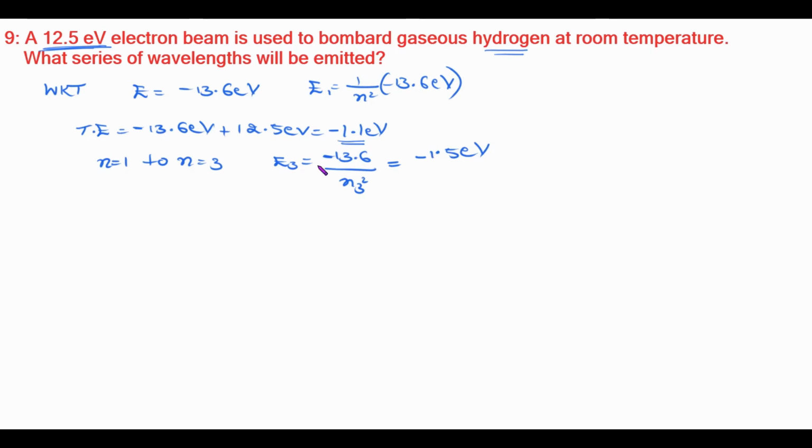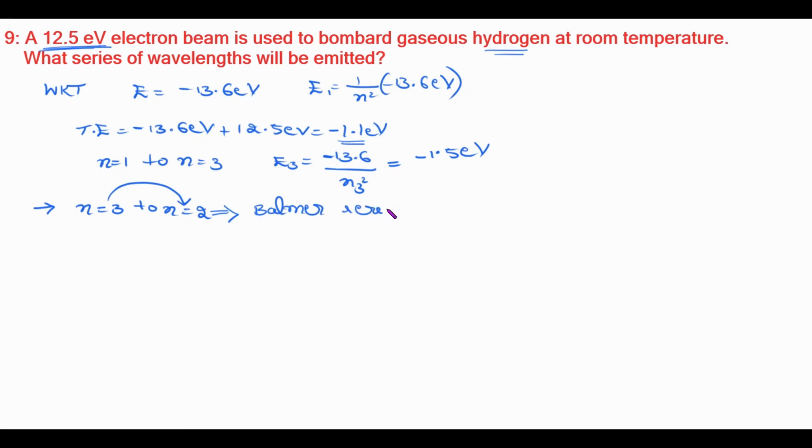All right. So the electron may jump from, there are many probabilities. One, the electron may jump from n = 3 to n = 2. If the electron jumps from n = 3 to n = 2, the resultant series will be the Balmer series.